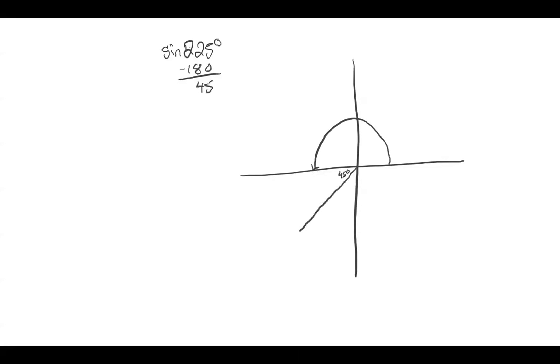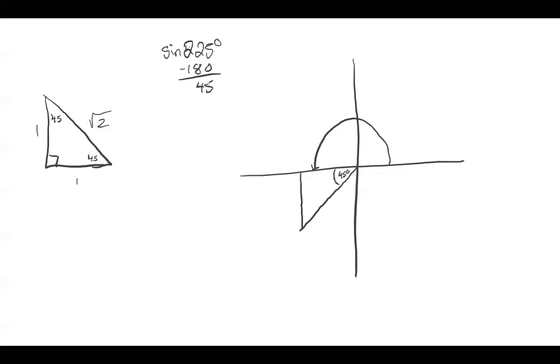I'm going to erase this. Okay. So this angle, the reference angle, is 45. And it doesn't matter how big your triangle is. Now, remember with a 45, 45, 90 triangle, you have 1, 1, and square root of 2. And those are the values that we have.